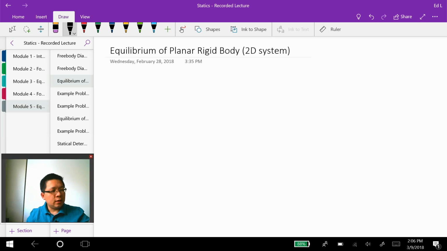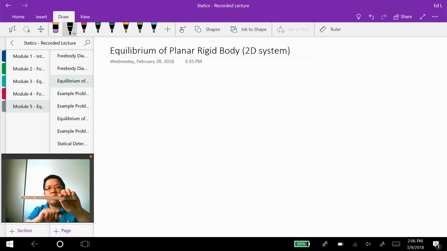The same reasoning we will use to formulate the equilibrium equations for a two-dimensional rigid body. For example, this is a member, a beam, resting on a two-dimensional plane right here. The rigid body motions of this member consist of vertical and horizontal motions, similar to a particle.